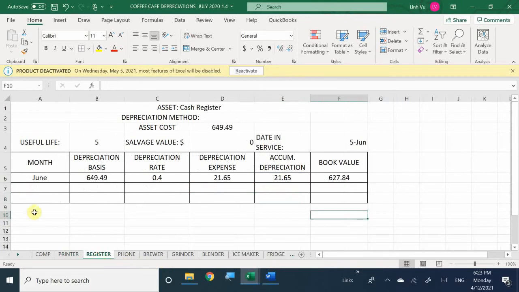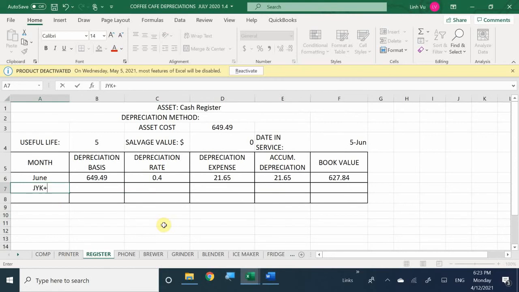Last but not least, we have the register. So once again, same thing is going to apply here. We want to solve for our beginning of the year book value, which is 627.84. We know that this is also another 40%.